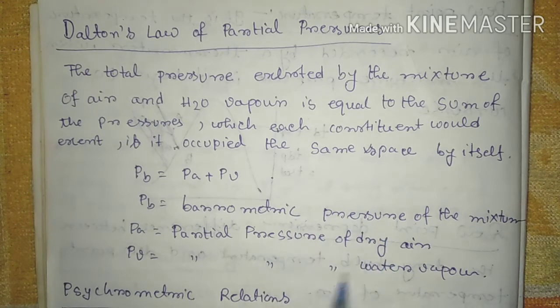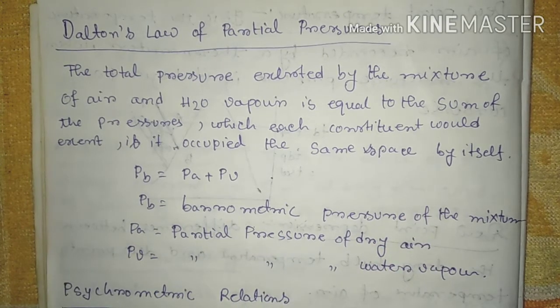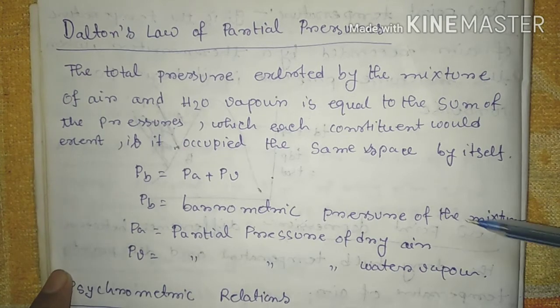Obviously, if there is some mass of dry air and some mass of water vapor present, there will also be some partial pressure given by the dry air as well as the water vapor. So the total pressure exerted by the mixture of air and water vapor is equal to the sum of the pressures which each constituent would exert if it occupied the same space by itself. This is Dalton's law of partial pressure.